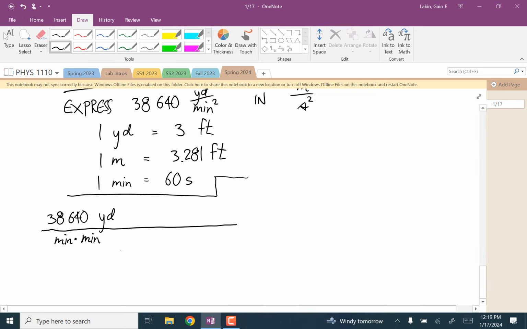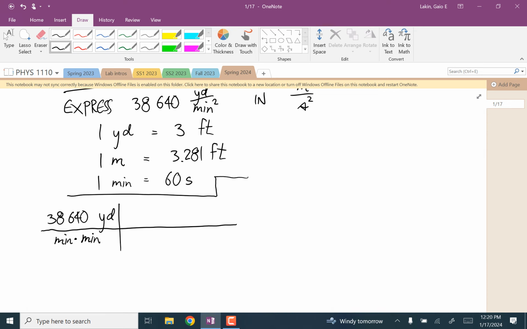I'm going to start by going yards to meters, but we weren't given a way to go directly from yards to meters. So instead I'm going to go from yards to feet and then feet to meters. Are you with me on that?